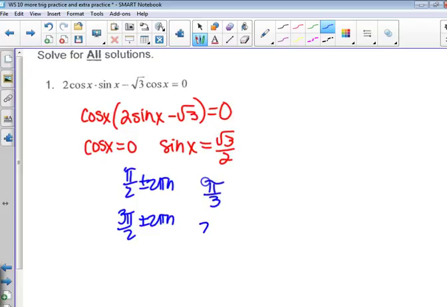Pi over 3 and 2 pi over 3, yep. And if it didn't say all solutions, we wouldn't need all those plus or minus things on the back, right? If it just said 0 to 2 pi, we would have just had 4 answers without any pluses or minuses.